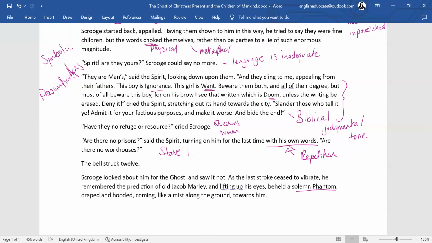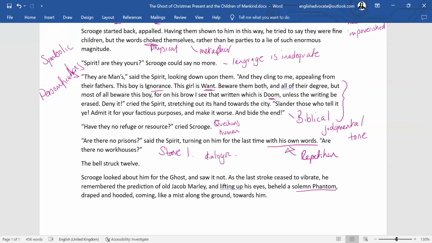To say, can't anyone help them? We'll send them to prison, put them in a workhouse, right? So here Scrooge is realizing how awful his attitude's been. And Dickens is using the ghost to quote Scrooge's own dialogue at him, to allow him to realize the insensitivity, the brutality of his earlier position.